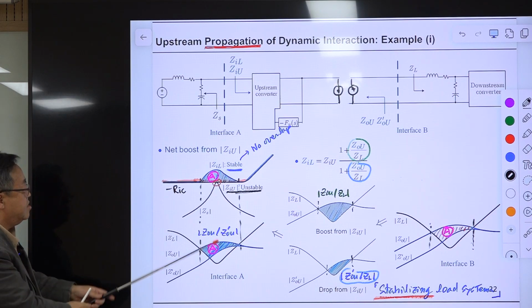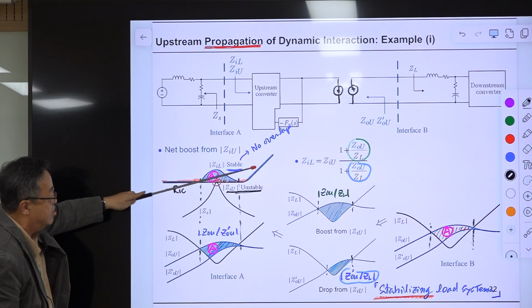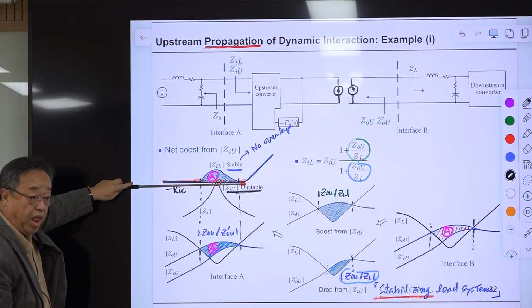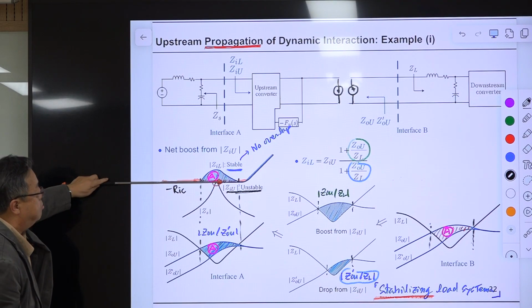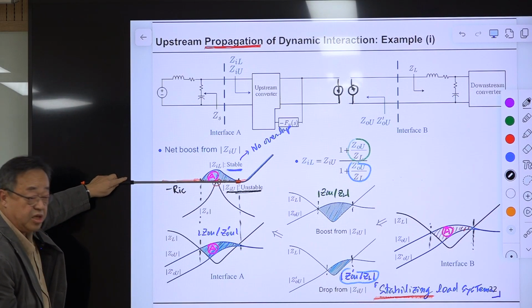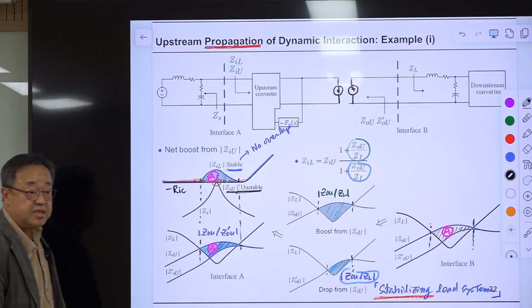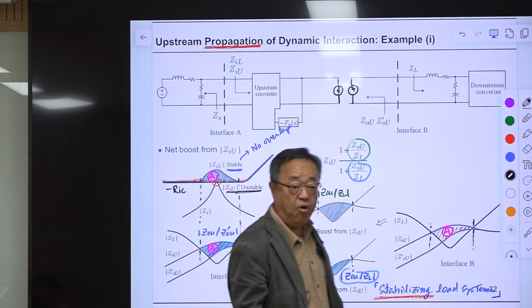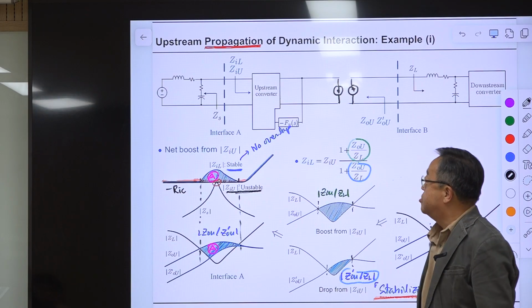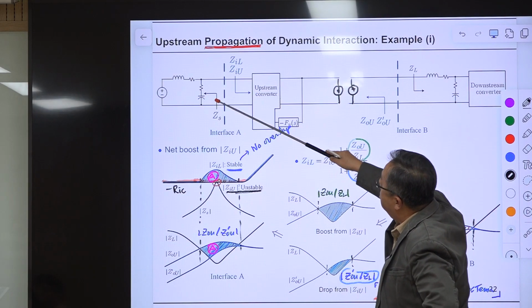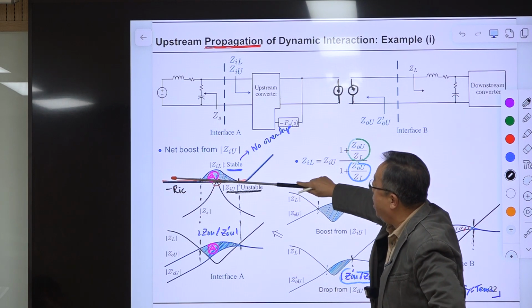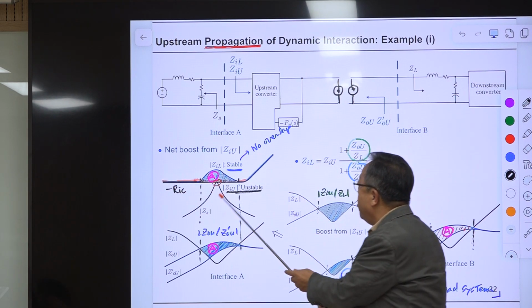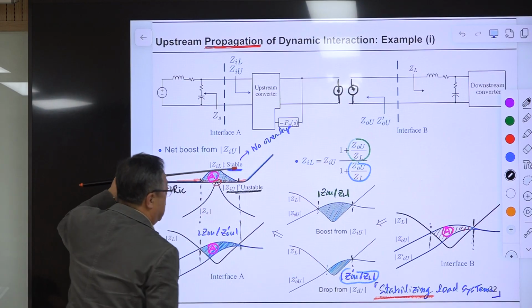A regulated converter has this kind of input impedance characteristic shown in this black curve. We know that at low frequencies, this behaves as a negative resistance, minus RIC, and the value of RIC is just the ratio of the voltage here and the current through this path. So minus RIC is up to here, and at high frequencies it goes up.